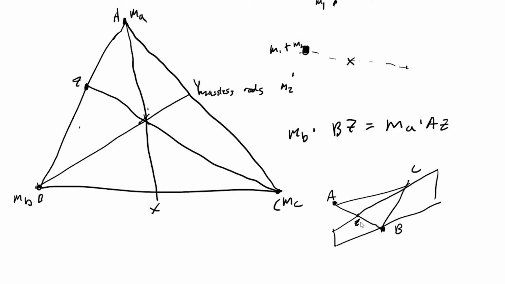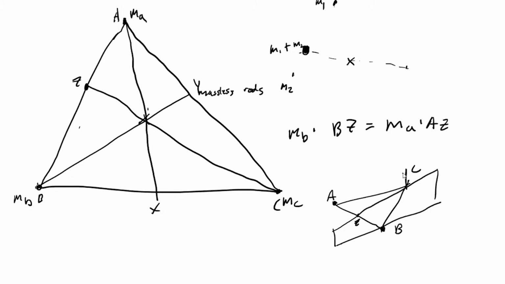And if CZ goes through the center of mass, that means this whole thing is balanced because there's no net torque, since the gravitational force on the center of mass acts here. And so now we can balance torques individually for all three points.